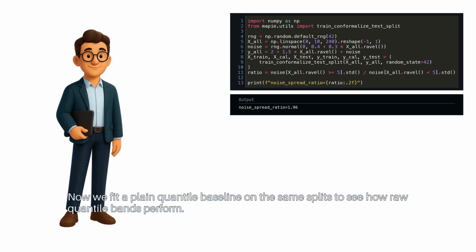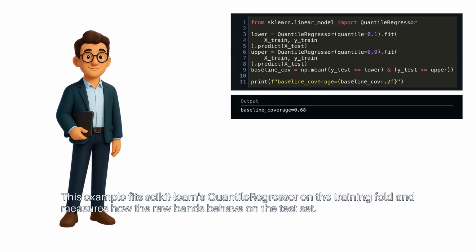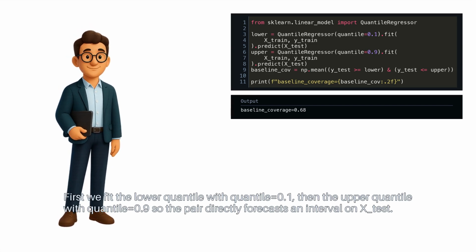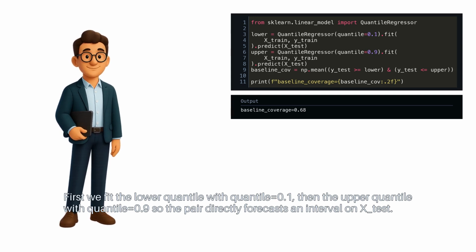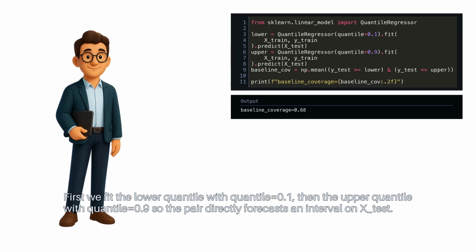Now we fit a plain quantile baseline on the same splits to see how raw quantile bands perform. This example fits scikit-learn's QuantileRegressor on the training fold and measures how the raw bands behave on the test set. First, we fit the lower quantile with quantile equals 0.1, then the upper quantile with quantile equals 0.9, so the pair directly forecasts an interval on X test.